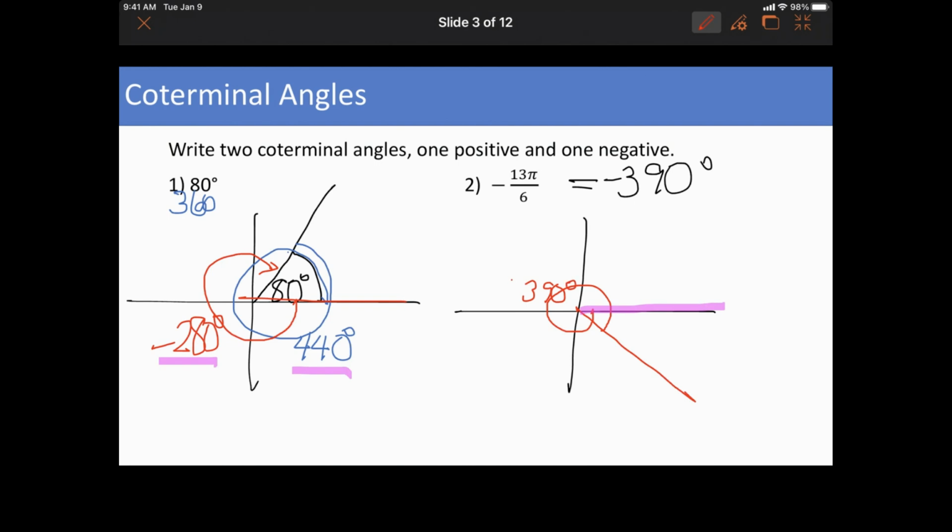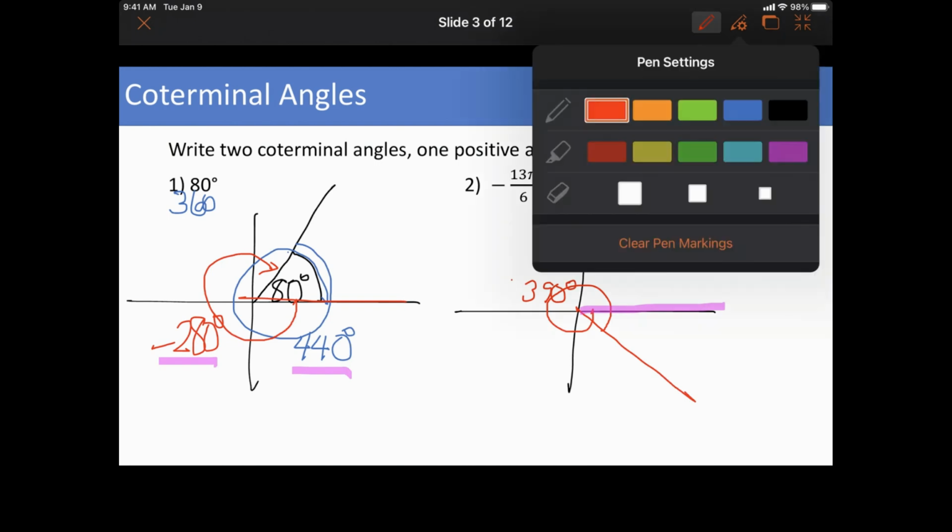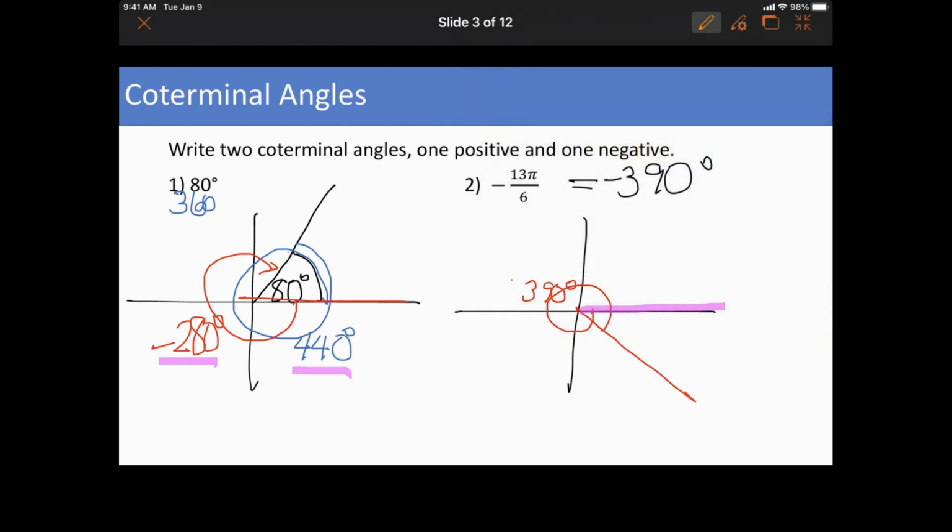So this right here is going to be negative 30, which is the reference angle, but that's also another angle. So that is one negative. So what about a positive? We're starting here again, and we're going around this way to our terminal side. So that's going to be 360 minus 30, which is 330. So I have one positive and one negative.